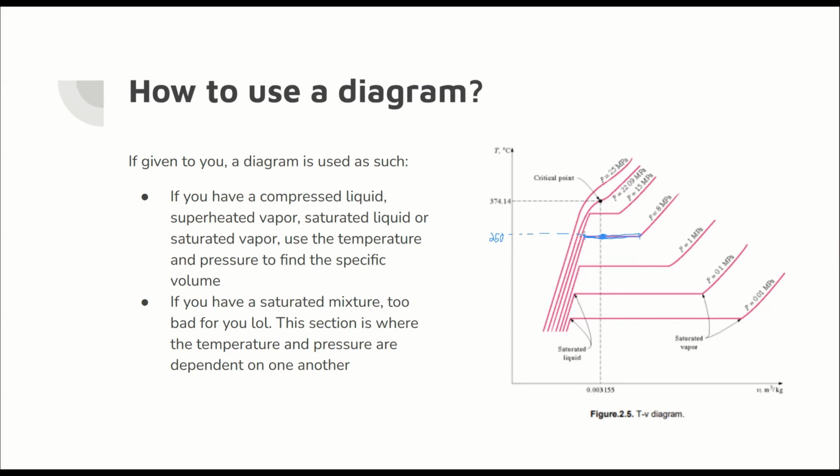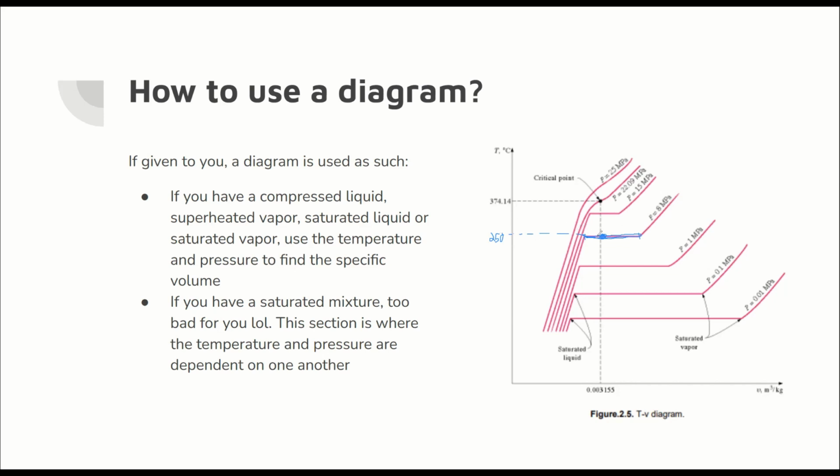Now what happens here is that your temperature and pressure are no longer independent from one another, pretty much. So you can't use the rule, I don't remember the name of it, where you can find any other property using two independent intensive properties, because temperature and pressure now become dependent on one another.